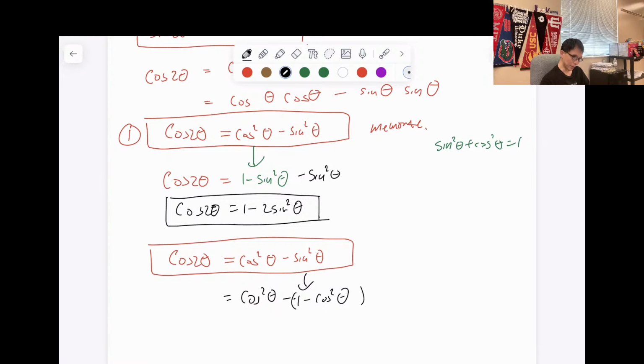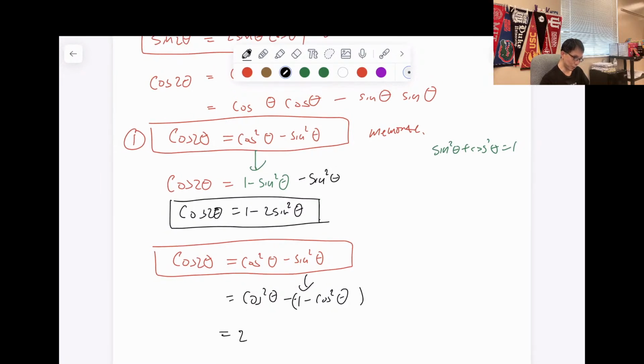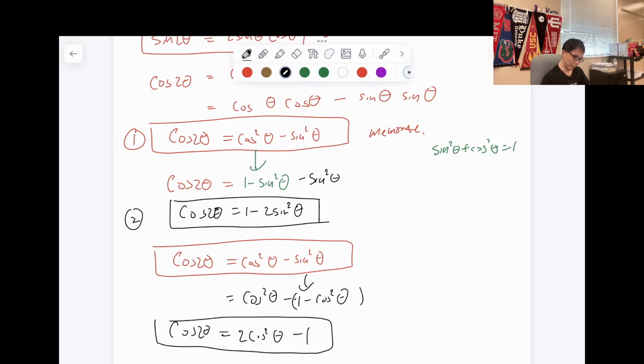If we distribute, that becomes adding. So it'll be 2 cosine squared theta minus 1, and that's cosine 2 theta. So there are 1, 2, 3 versions of it. That is the first version, there's the second version, and there's the third version of the cosine double angle identity.